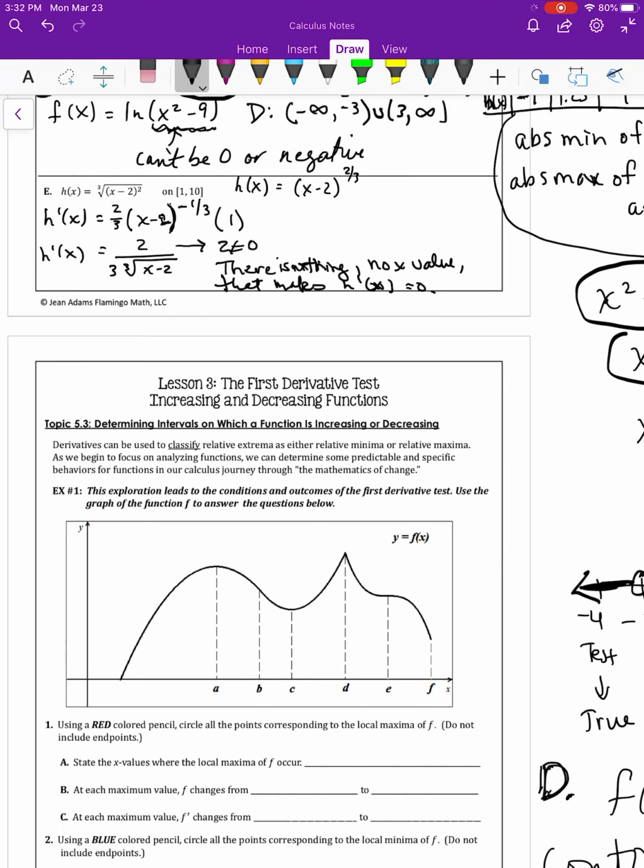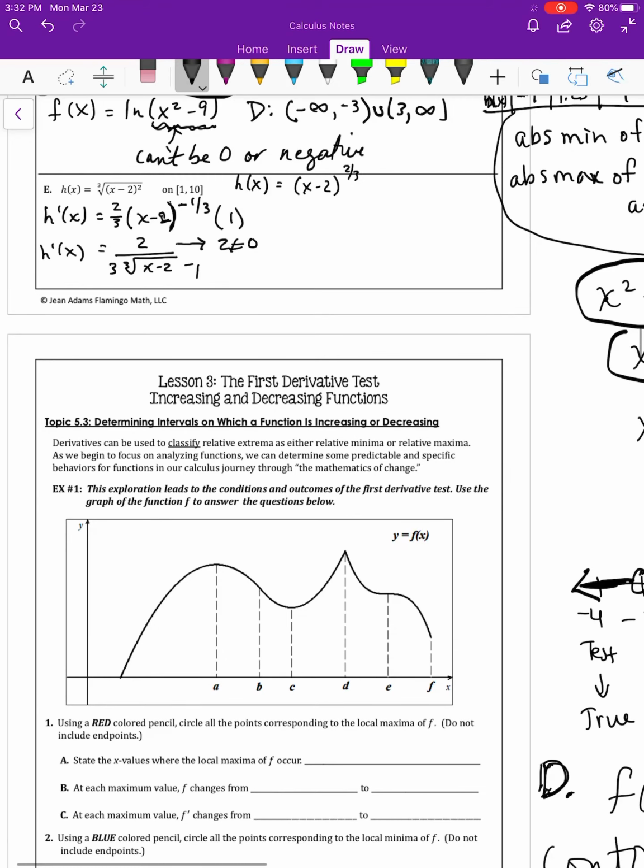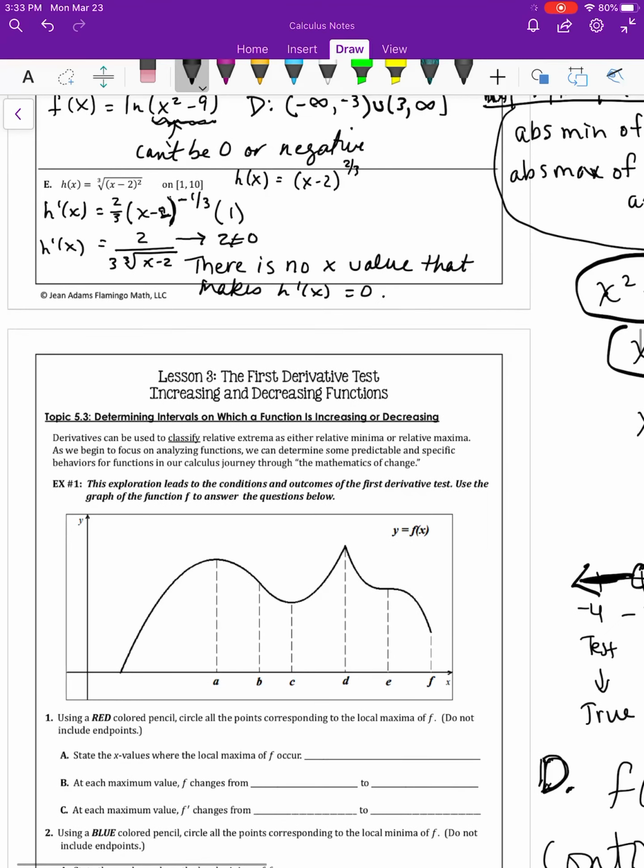And I know that's terrible handwriting, and I'm sorry. Let's try that again. There is no x value that makes h prime of x equal 0, okay? Because if it were, it'd be in the numerator.